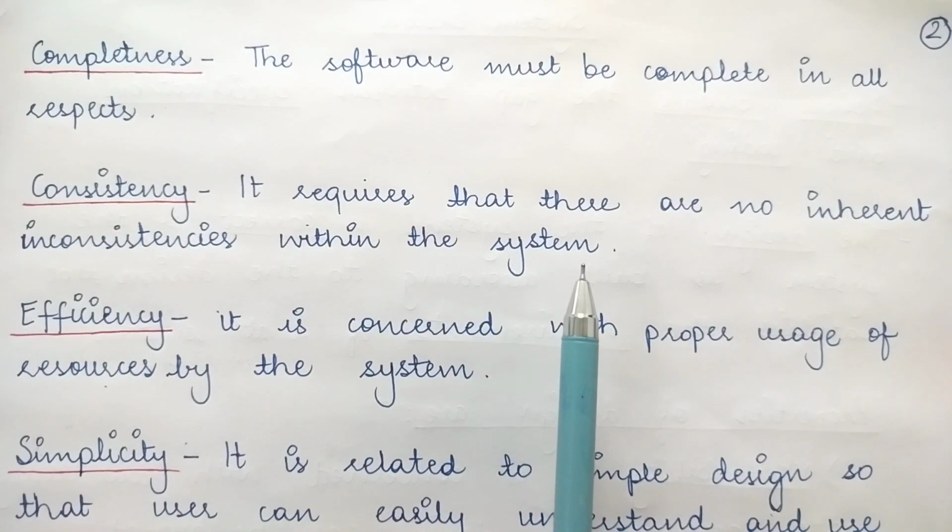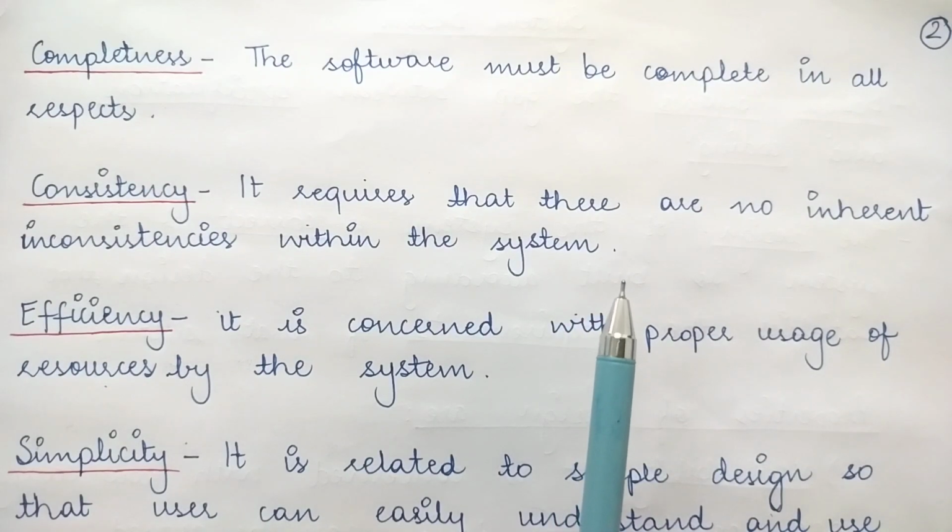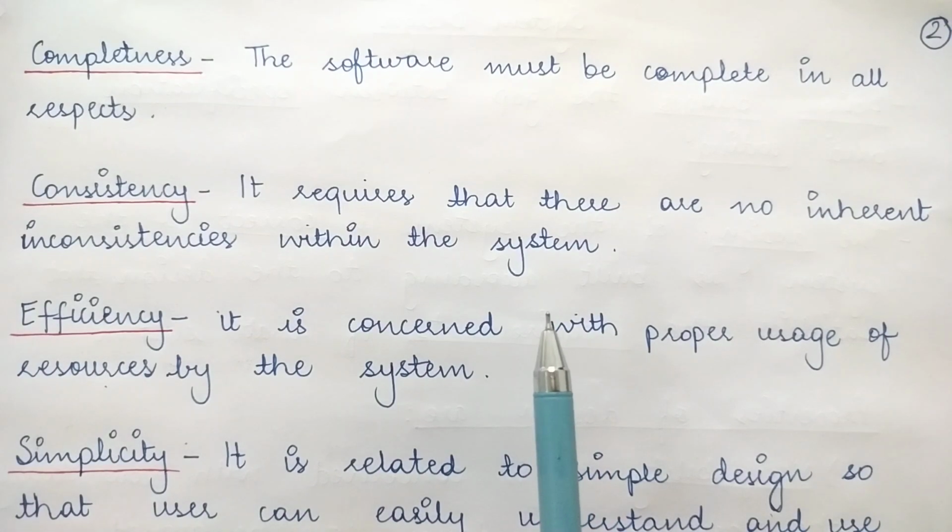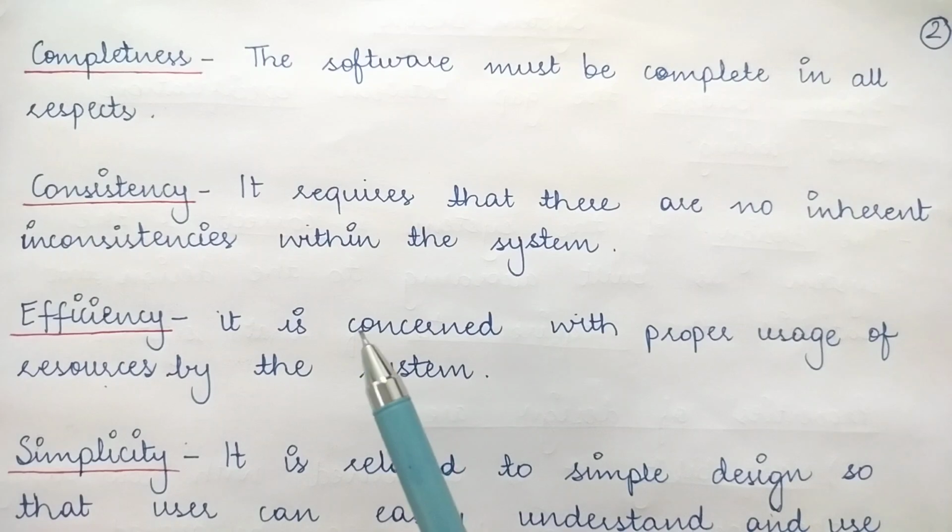Whatever changes are made at one particular part must be reflected for that same part in every other location where it exists. By parts I mean modules. If a module exists in more than one place, or if a portion of a module exists in more than one module, and some changes have been made in that portion, those changes must be reflected in every other portion as well. So this means that it must be consistent.